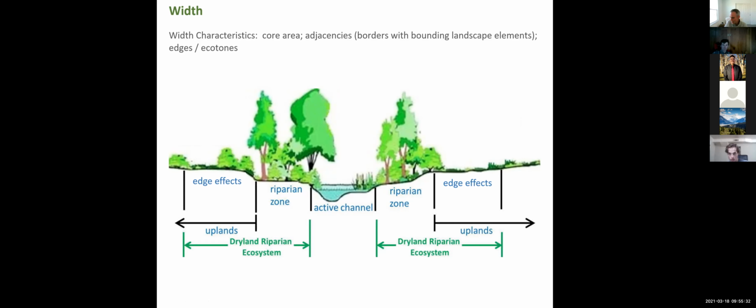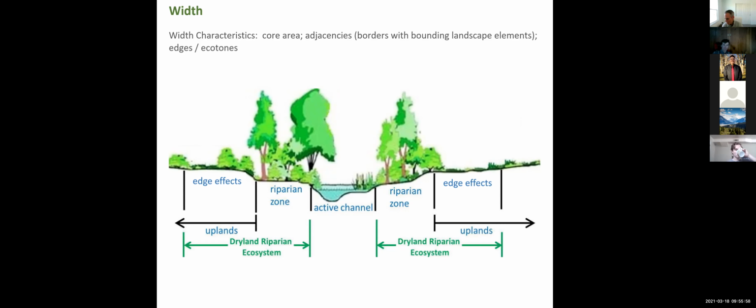The next characteristic of width is adjacencies, which means the landscape types that are bumping directly up against the exterior edges of the corridor. In human modified landscapes, that's often agricultural land or domesticated landscapes. The nature of the adjacent landscape is going to have a strong influence over the quality of the corridor habitat.